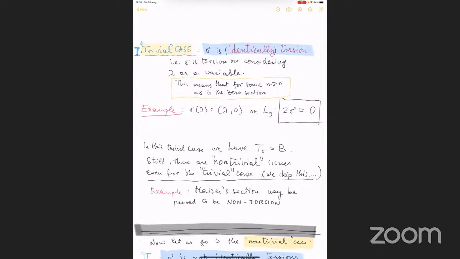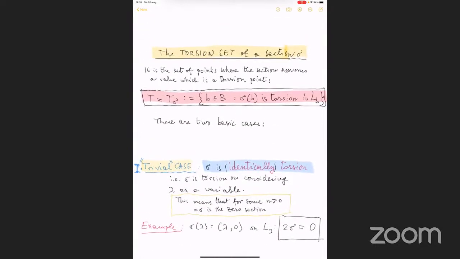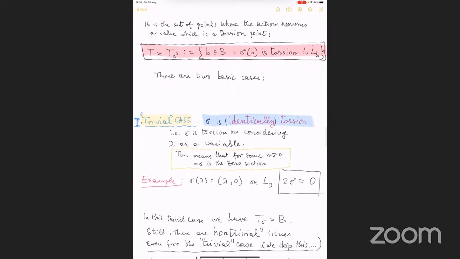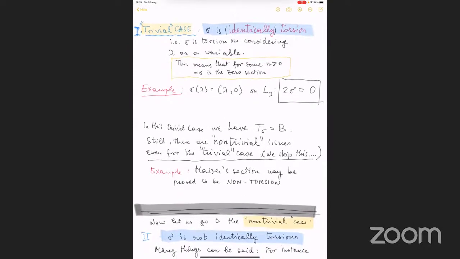In this case, the torsion set is obviously the whole base, because the section is identically torsion. So whichever value we take, we obtain a torsion point. So we obtain the whole base. So from this viewpoint, this is a trivial case.